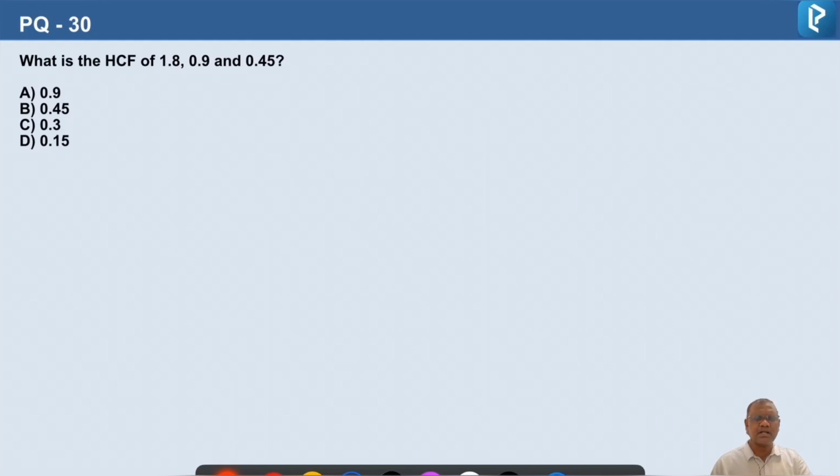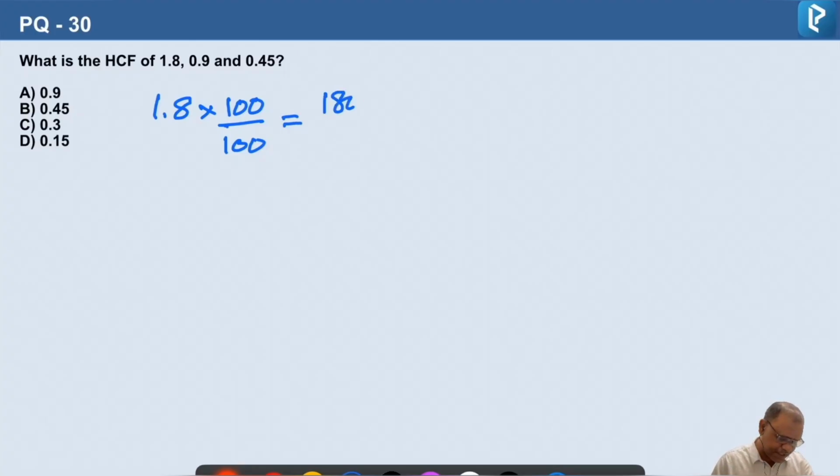Here there are a maximum of 2 decimal places. So we should multiply all the 3 decimals with 100, then the decimal point will be eliminated. So 1.8, if you multiply with 100, we should also divide by 100. Then it is balanced. So it becomes 180 by 100.